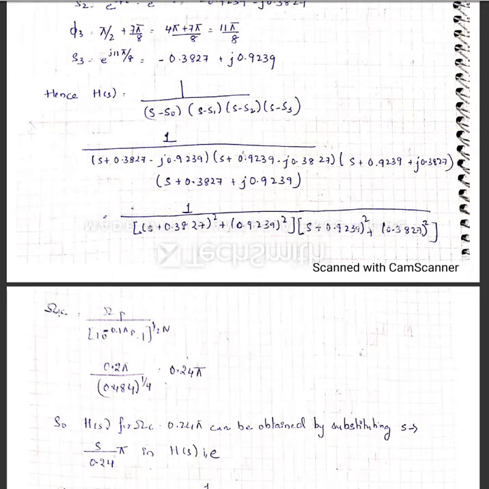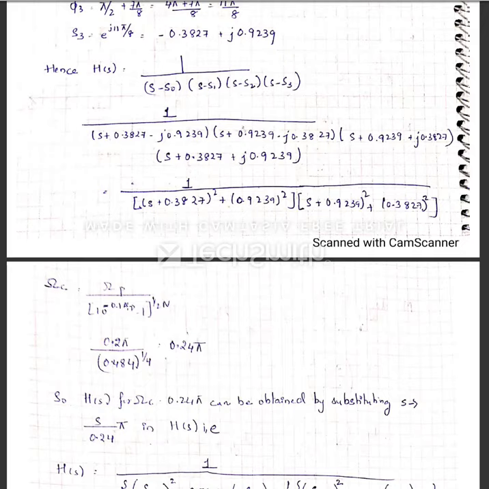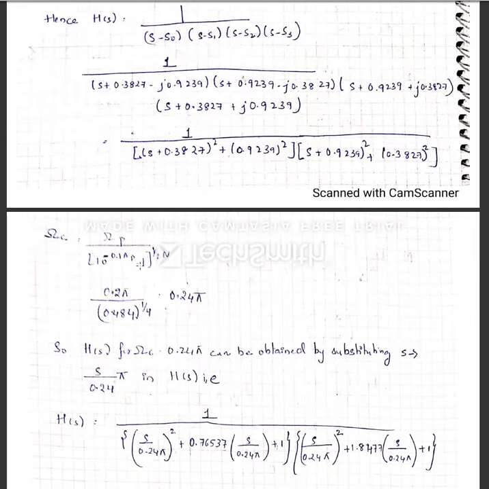Clear? Okay. So the cutoff frequency omega c is given by omega p divided by (10 to the power minus 0.1 AP minus 1) to the power 1 by 2n. Omega p you know, and AP you have calculated. N is nothing but 4, and you have calculated 4.